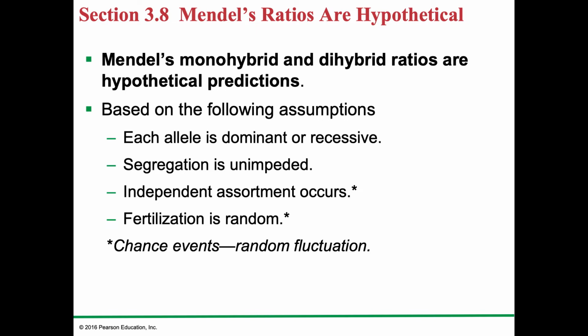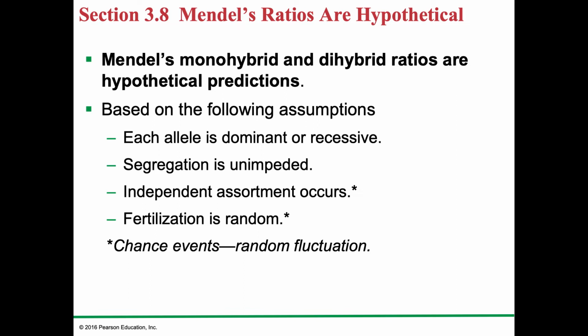When we do the dihybrid cross and we see that 9-to-3-to-3-to-1 ratio, again, it's just a prediction that when you set up those Punnett squares, you should have 9 that display both dominant, 3 that display 1 dominant, 1 recessive, 3 that display 1 recessive, 1 dominant, and then 1 that displays both recessive.